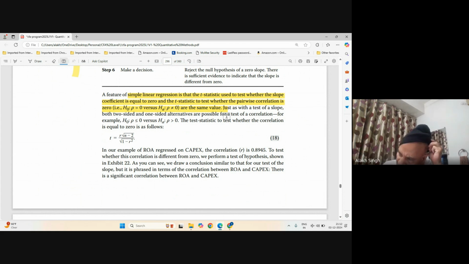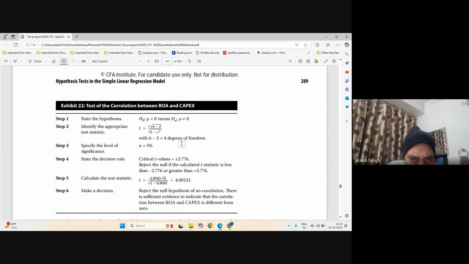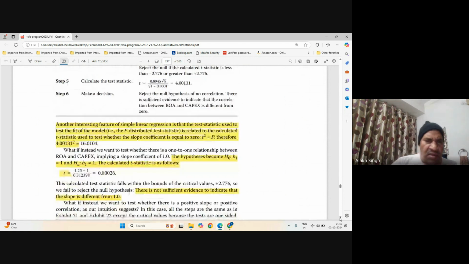So R square was also the correlation square and it is the test of correlation. We had done it yesterday. Rho is equal to 0 and rho is not equal to 0. And r was 0.89 times root of n minus 2, divided by root of 1 minus r square, and it comes to 4. So we reject the null hypothesis. This is the test of correlation.